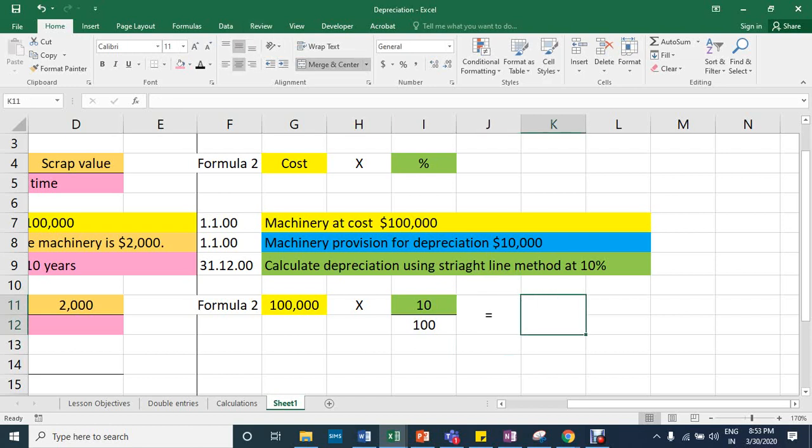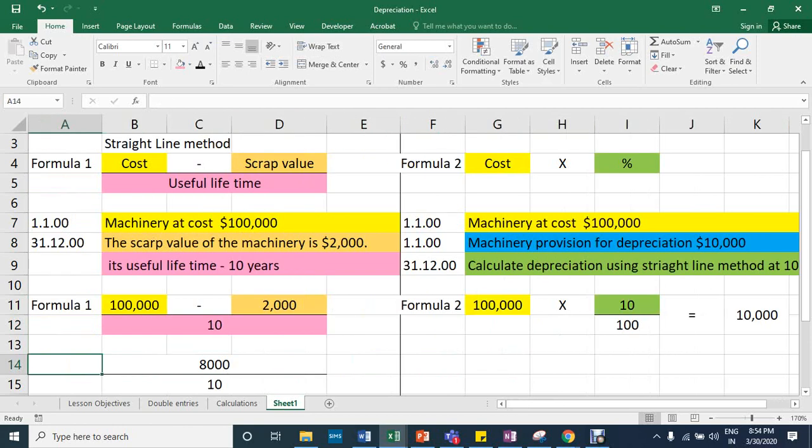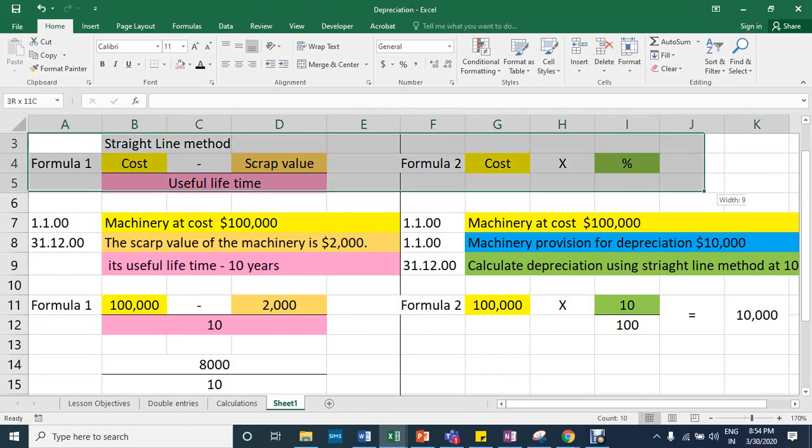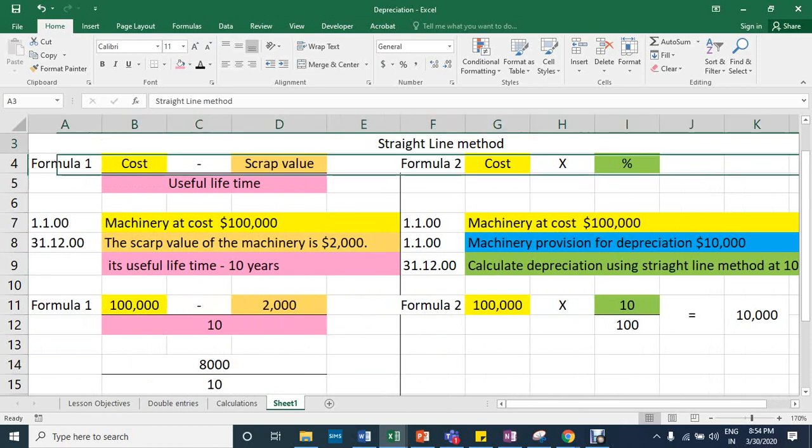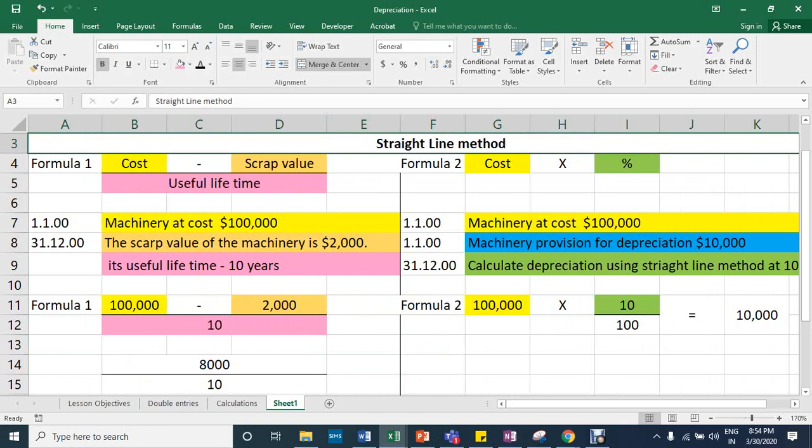Therefore, you get an answer over here which is worth 10,000. Now, you're very clear in using both the formulas under straight line method of depreciation.